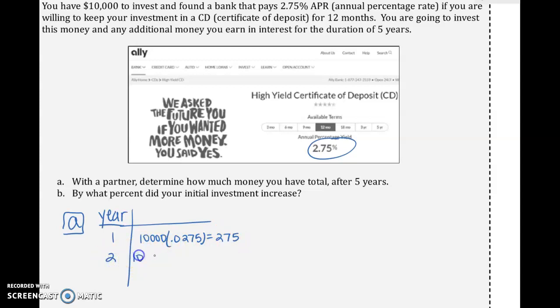So in year 2, I'm now starting with $10,275. That year, it multiplies by 0.0275, and I would get roughly 282.6. I would add that value to my starting value for year 2, which was 10,275. So that gives me 10,557.6. Multiply that by 0.0275, and I get approximately 290.3, and continue that on down until year 5.